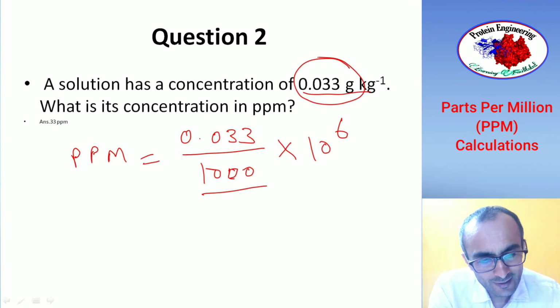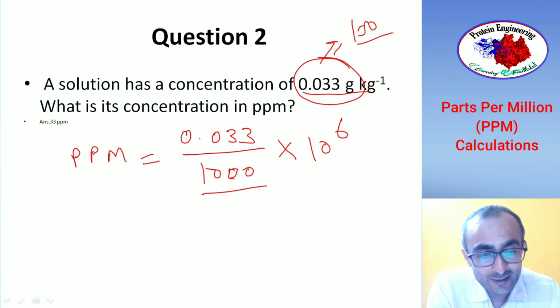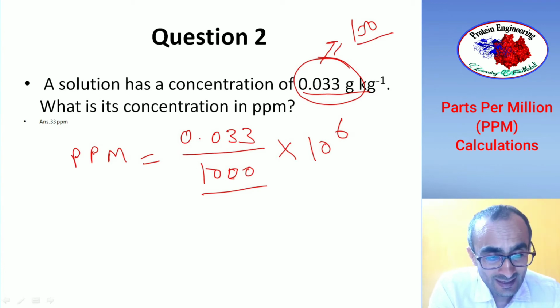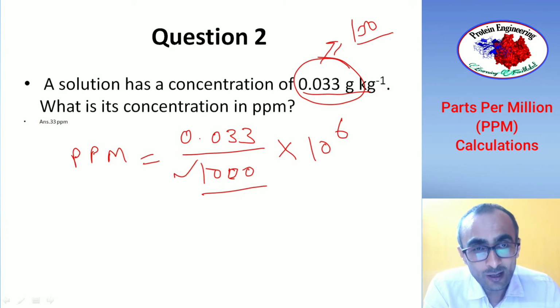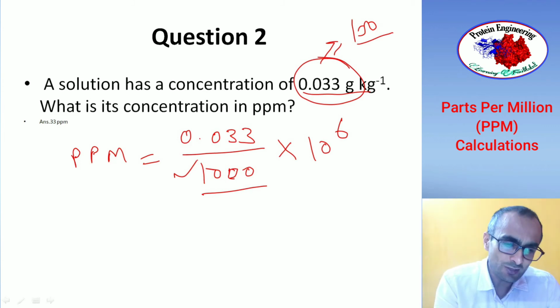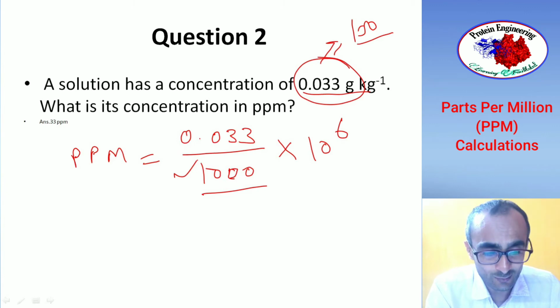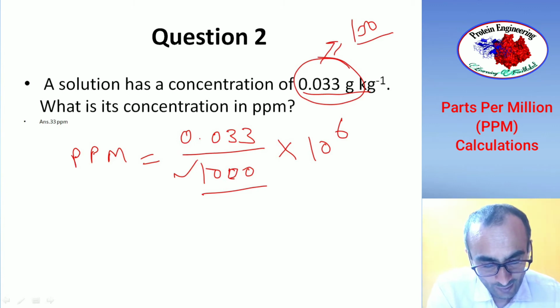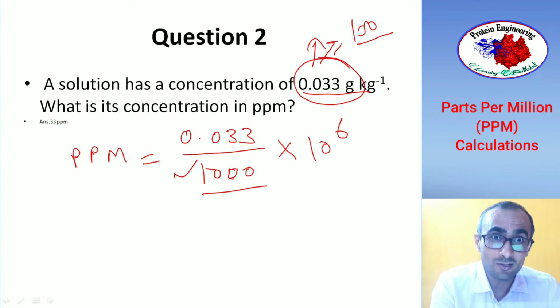But if this is significant, for example, if it would have been say 100 gram per kilogram, then 100 is too much in comparison to 0.033. So in that case you are supposed to add this with 1000, so this factor would be 1000 plus 100. But because this is too small here, you need not add, because it will not make much difference in the calculations. So in this case we have not added this amount of solute with the parts of solvent to find the total concentration of solution.